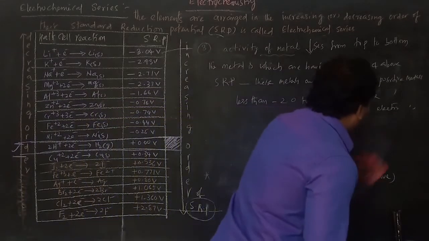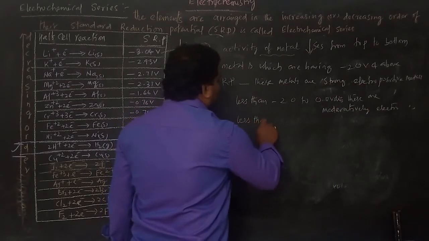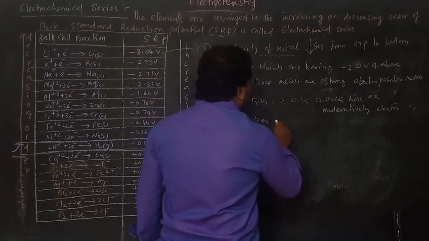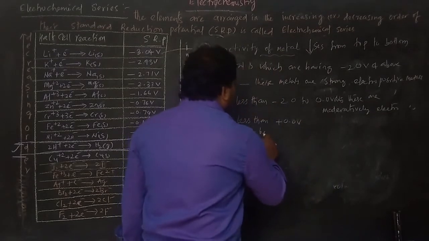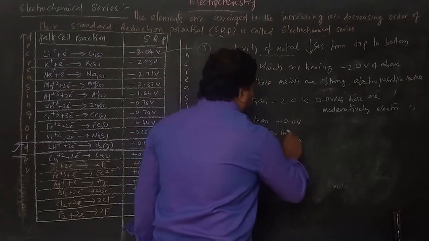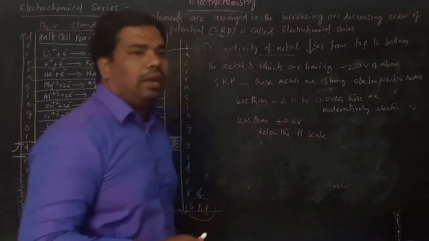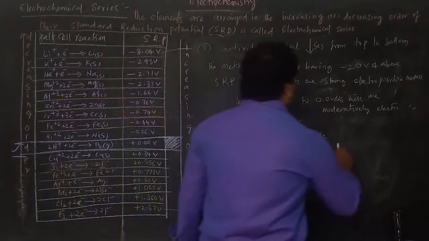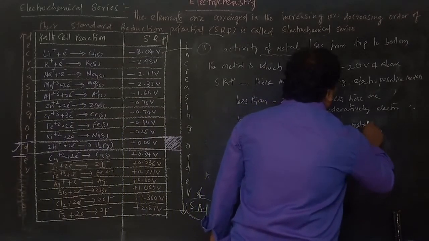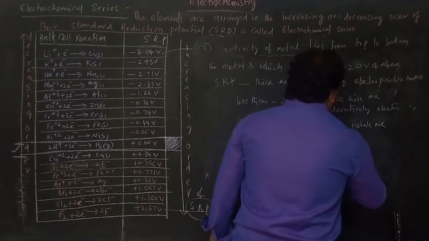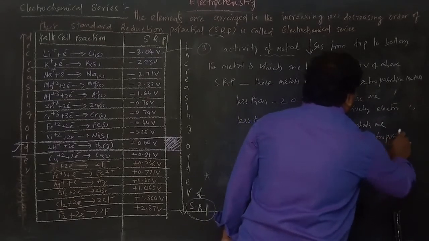And the metals which have less than 0.0 volts, meaning below the hydrogen scale, are weak electropositive metals.